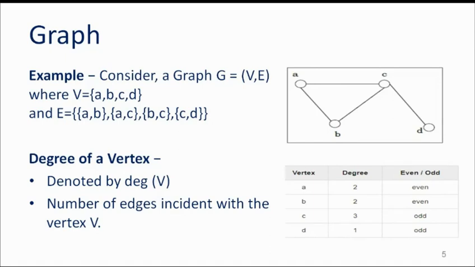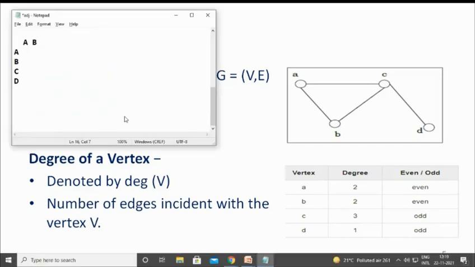If you consider the same graph, now take this graph and try to draw the adjacency matrix and adjacency list for A, B, C, D. It's very simple, you can do it in 1 minute. Do it fast. A to A, there is no path, so keep it 0.